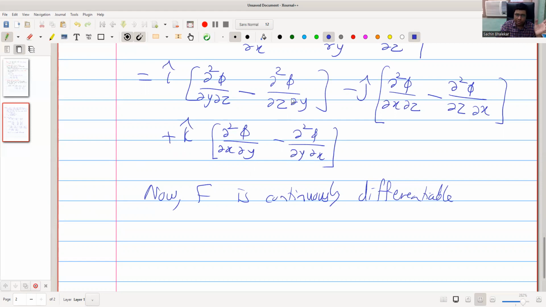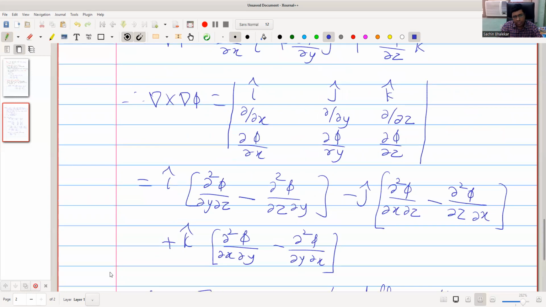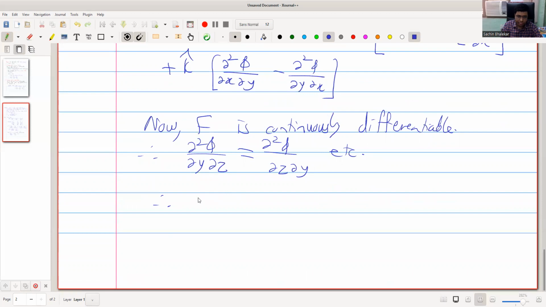Both are the same. So this will be 0, this will be 0, and similarly this will be 0. Therefore we get del cross del phi equal to 0. This proves the result.